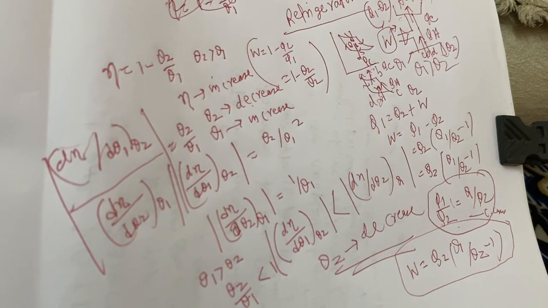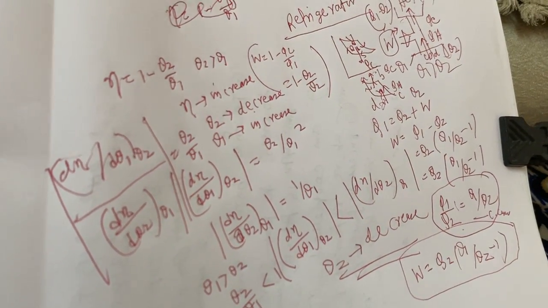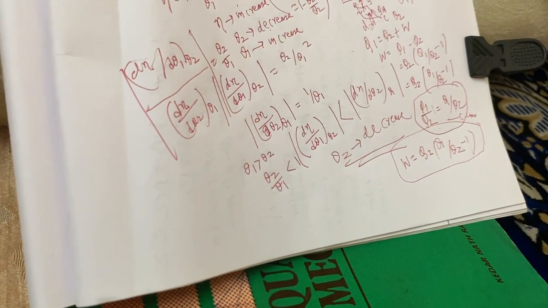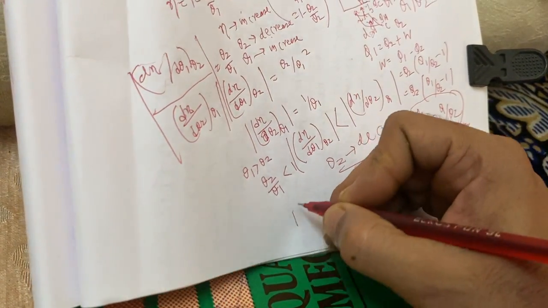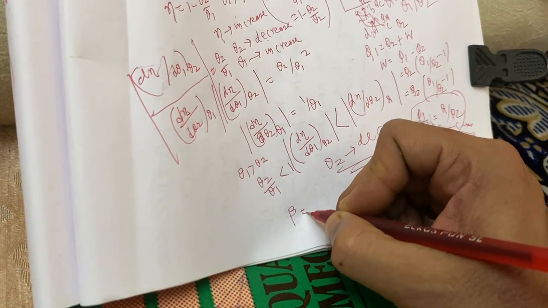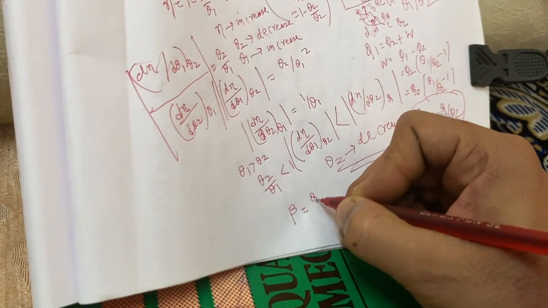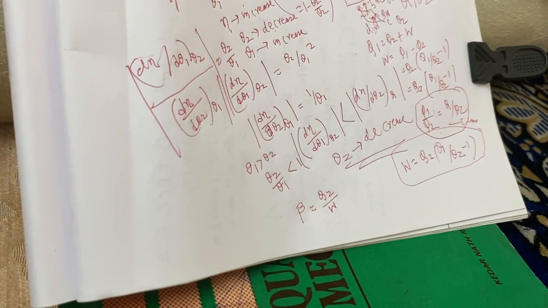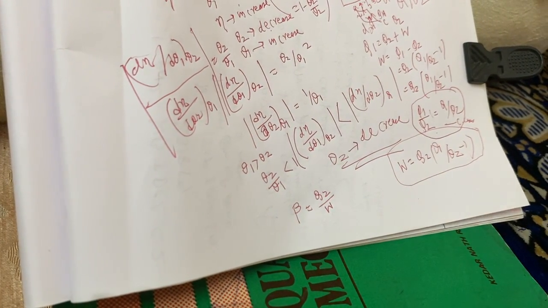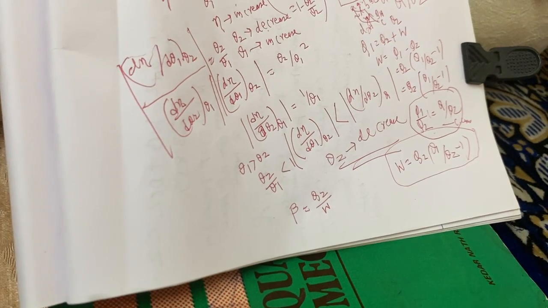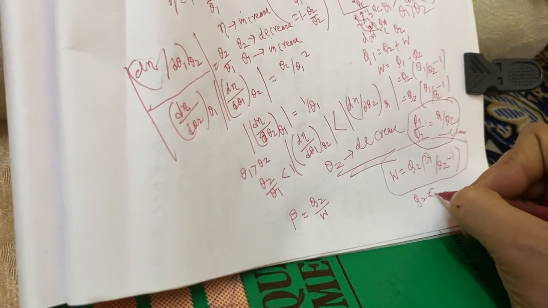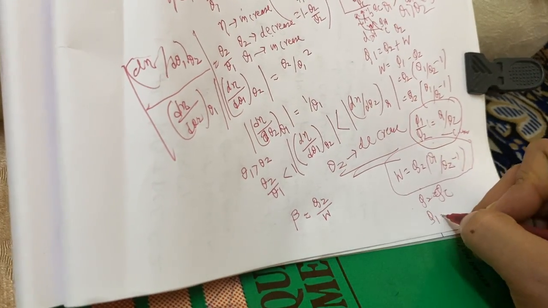One important parameter defined in the case of a refrigerator is the cooling ratio, beta. It is defined as Q2 by W. Here Q2 means QC and Q1 means QH.